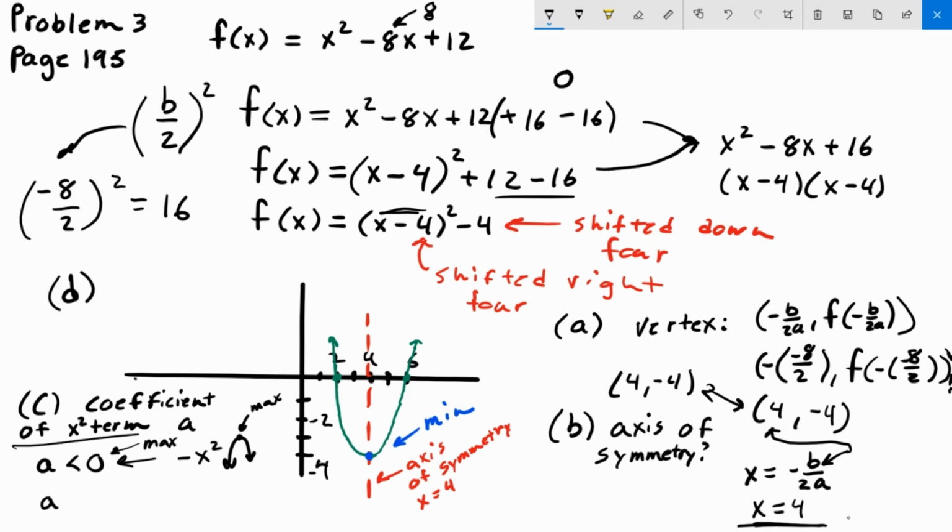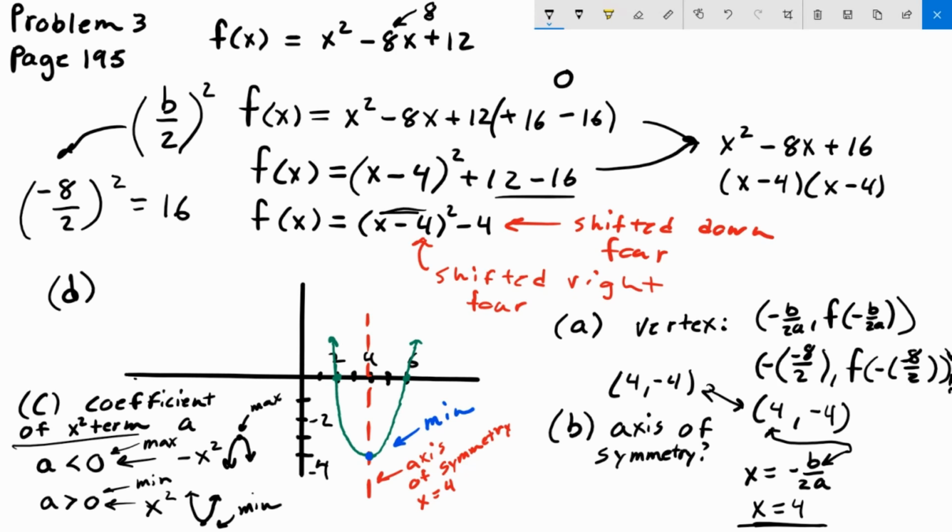And so for the other direction, a greater than 0, this says that the coefficient on the x squared term is positive, and that means that the function's in the form of x squared, meaning that the function opens upwards and that the vertex is at the lowest point. So it's a min. And so this also indicates that this is the minimum.